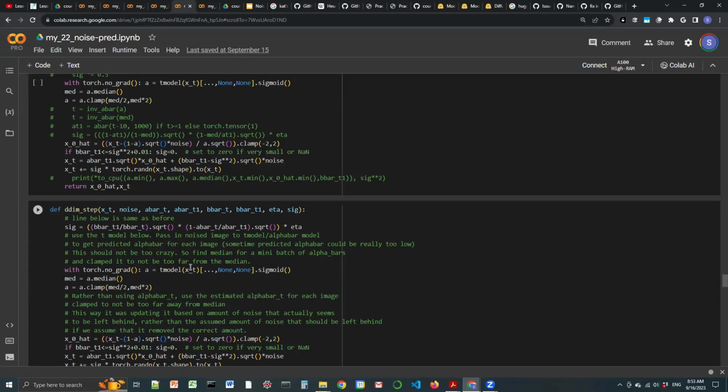Now, why did he think of this as an idea to improve? Don't know, but at least what he illustrates in his notebook is that once we use the model to predict the alpha bar t and clamp it, the model is updating it based on the amount of noise that actually seems to be left behind, rather than the assumed amount of noise that should be left behind.